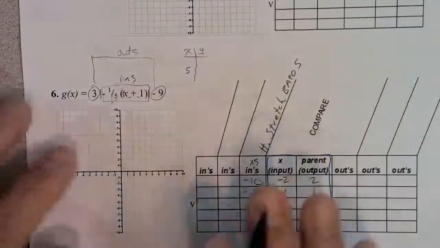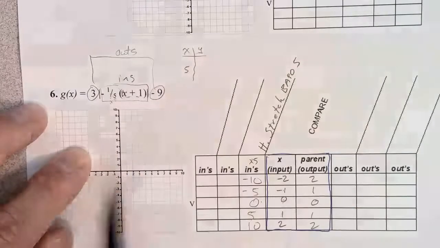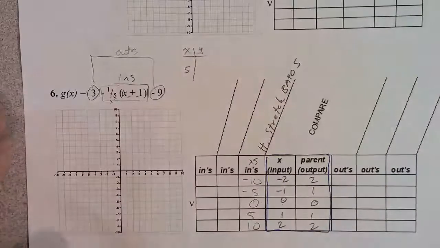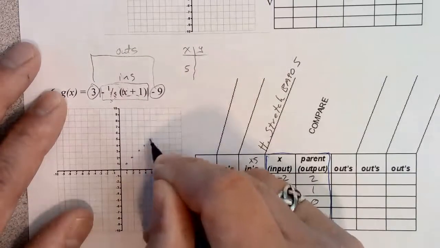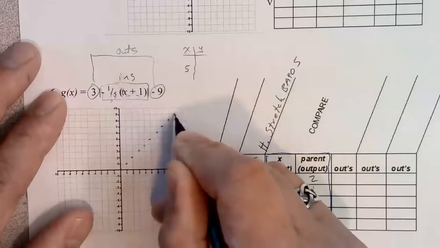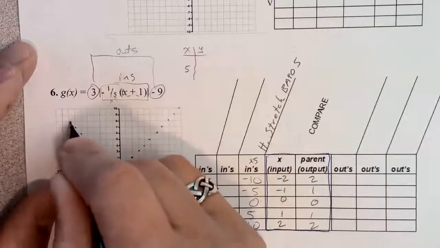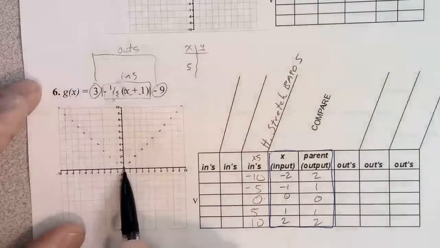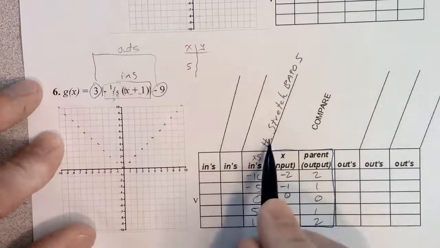Okay, so don't confuse the way we're doing this table with what you would do in a normal table of values. A normal table of values is just input-output. This is for us to look at transformation-wise. So really, if we wanted to, and I don't want you to do this, just paying attention here, you have your parent function that originally is this right here. By doing your table this way, what's happened is you've taken each one of those points, those little dots, and you did a horizontal stretch by a factor of 5.